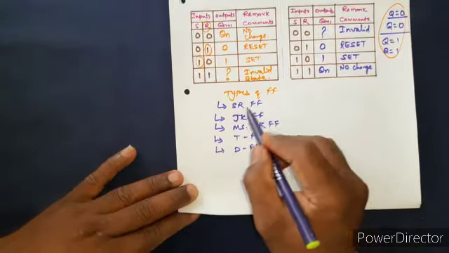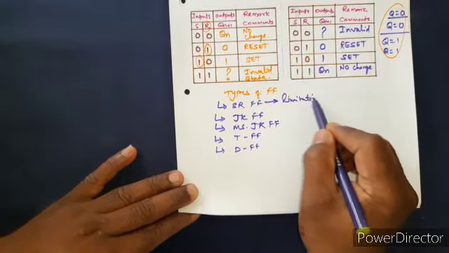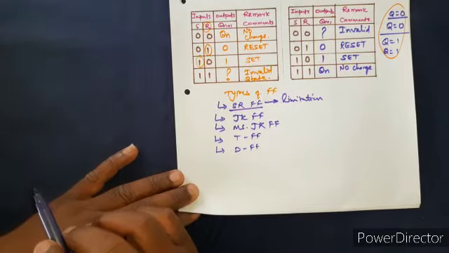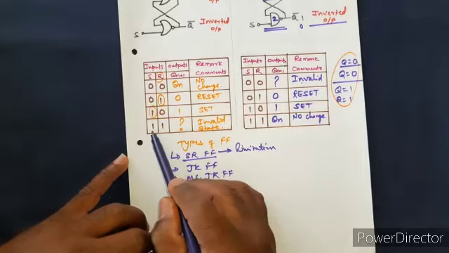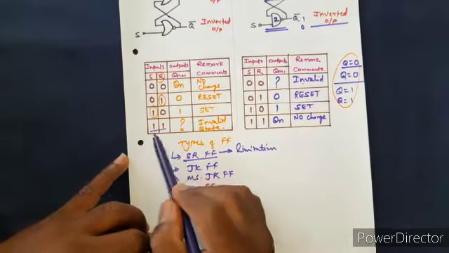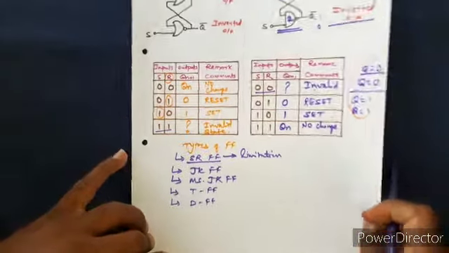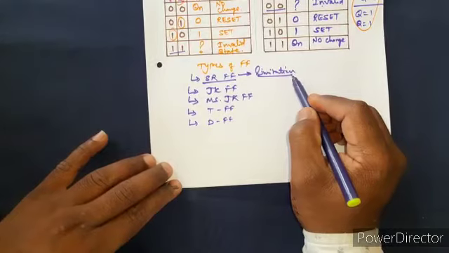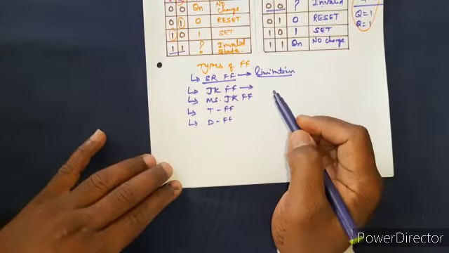Now there is some limitation to this SR flip-flop. We have seen this invalid state. For NOR gate 1 1 is invalid, for NAND gate 0 0 is invalid. This limitation is overcome by another circuit called the JK flip-flop.